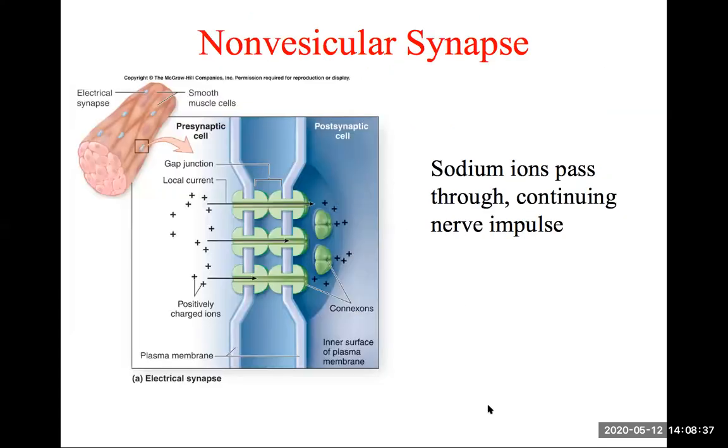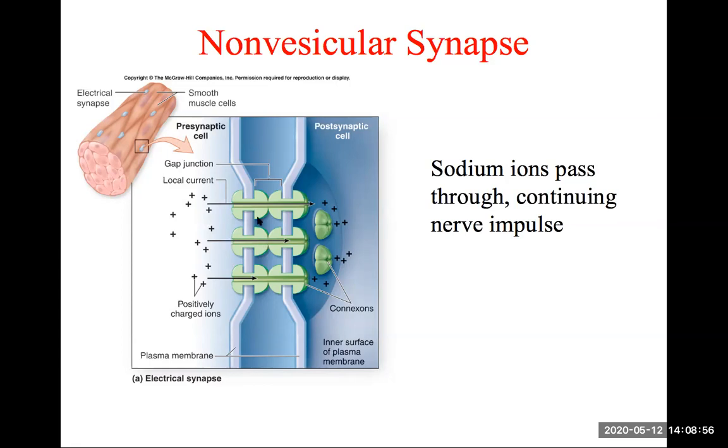There is another kind of synapse. And if you go way back in your brain and in your notes, you will find that we talked about how one cell is attached to the cell next to it. And we did it when we were talking about epithelial tissues.